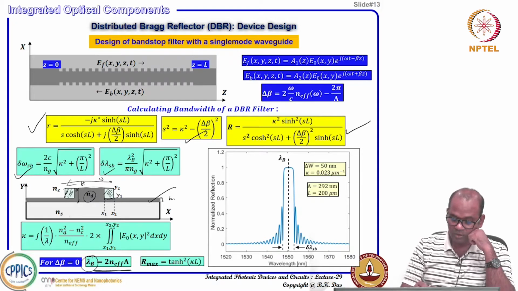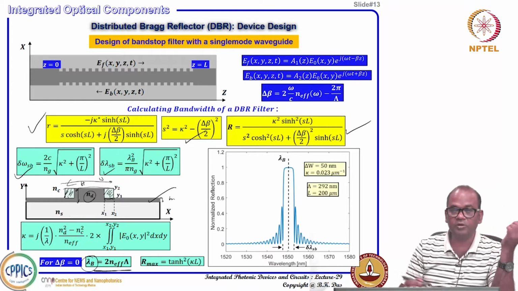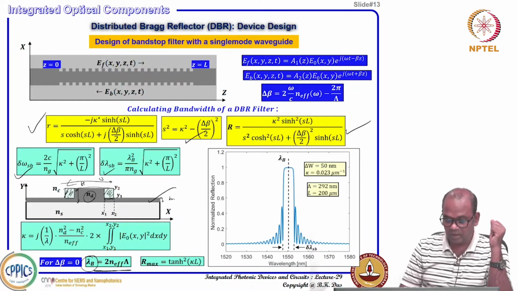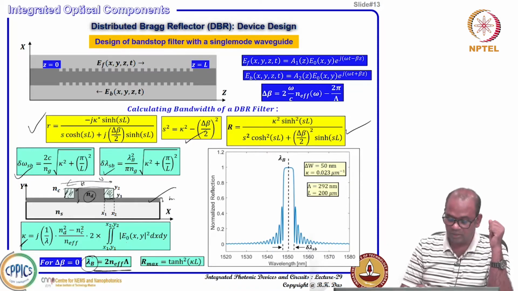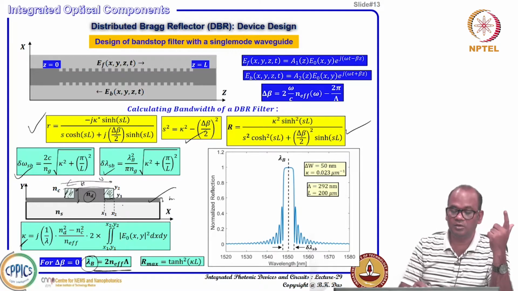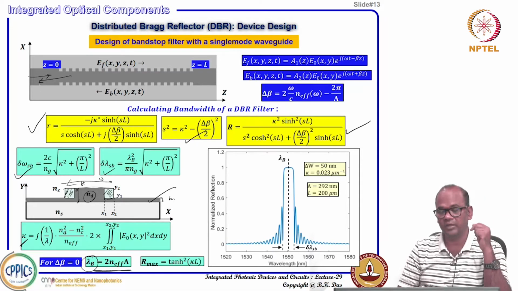So, using this structure you know how to calculate the kappa value. Earlier we expressed it using the so-called rectangular periodic perturbation. If we calculate kappa using coupled mode theory, for a single mode waveguide only one mode will be launched from this side and the same mode will be reflected in the backward direction.